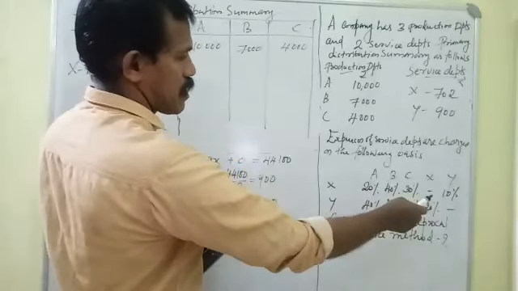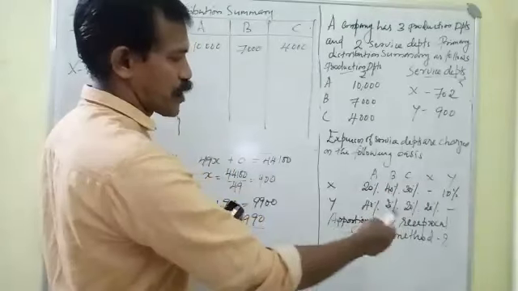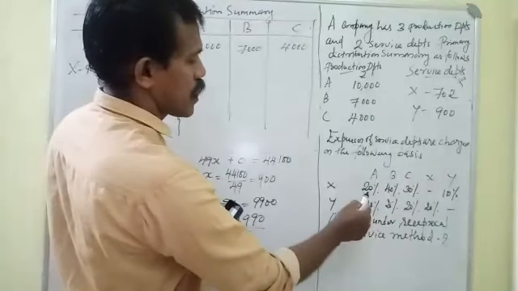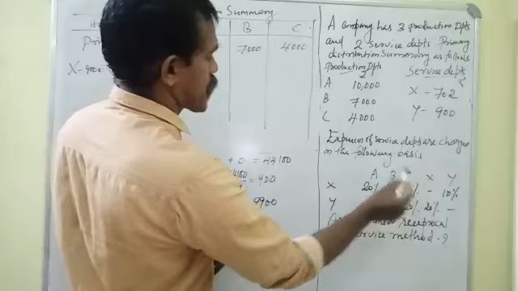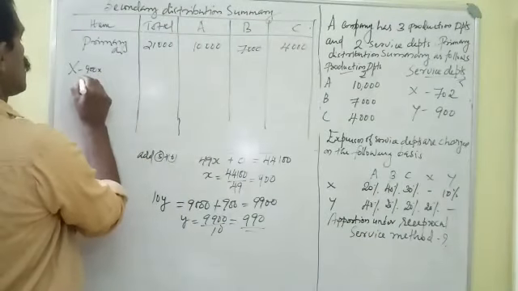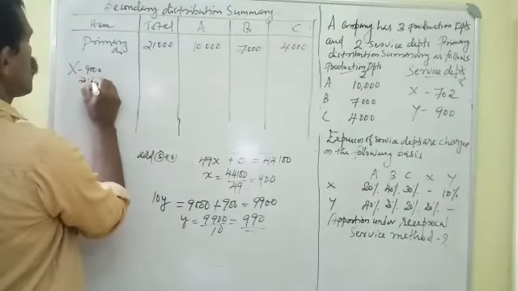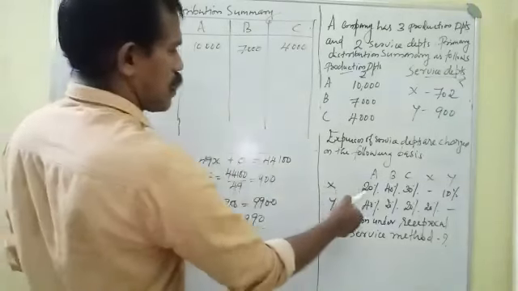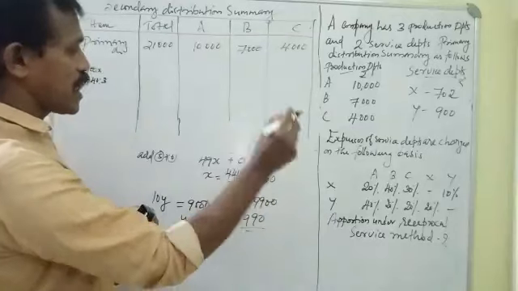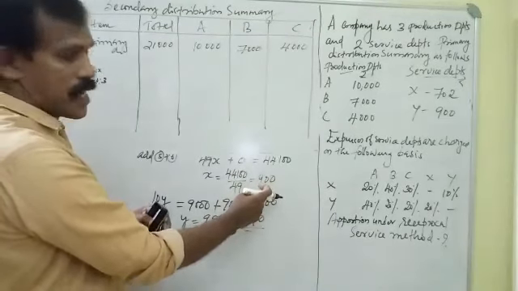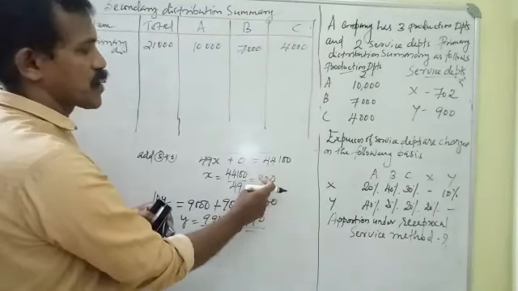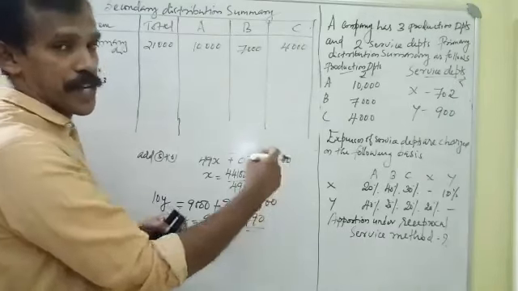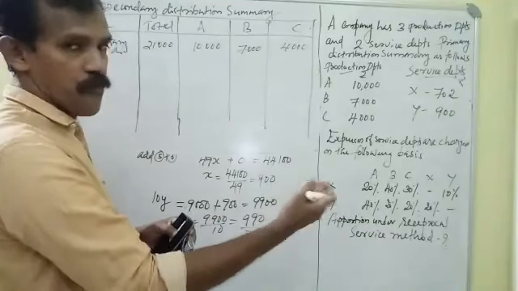Then the y share we already distributed to the overhead of y. Then 20, 40, 30. Then we are going to distribute the 90% of this 900. We know already 10% of this 900 we allotted to the overhead of y.